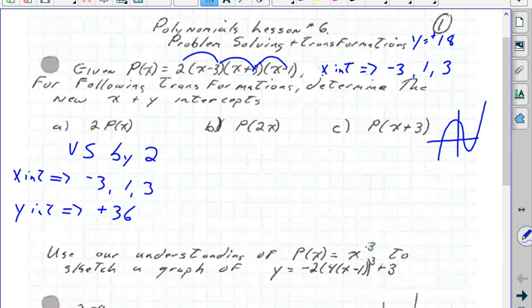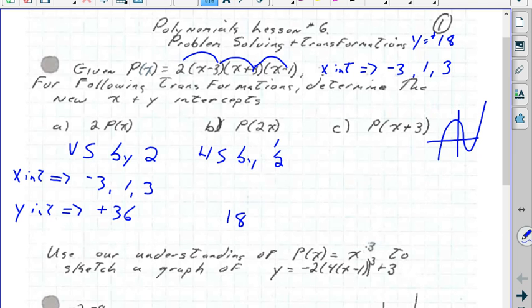Chloe, what did I do with p of 2x? By what factor? By 1/2. Okay. So my y-intercept is going to stay at 18, because all I'm doing is this.